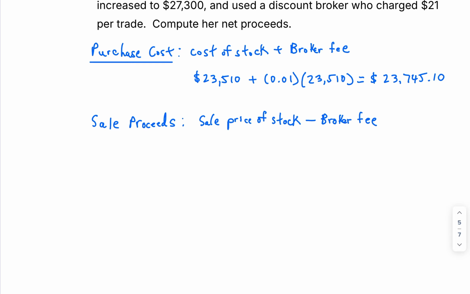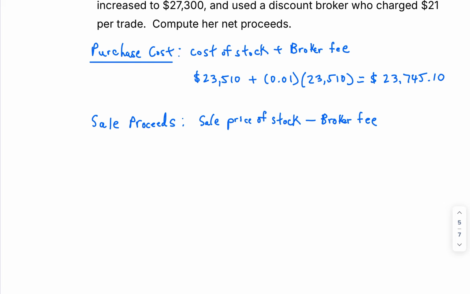Okay, notice the difference here. This is very subtle, but in the purchase cost, we took the cost of the stock and then we added the broker fee, right? Because the reason we're adding is we want to know what the total cost is. When it comes to selling, we're going to take the sale price of the stock, but we're not going to add the broker fee because that's not coming to us. It's going away from us, right? We're losing. And so we would have to subtract the broker fee.